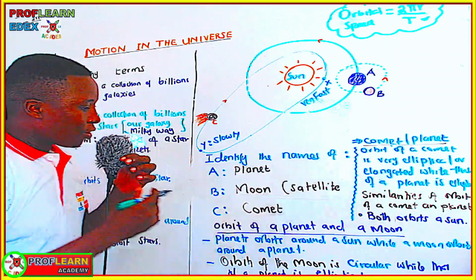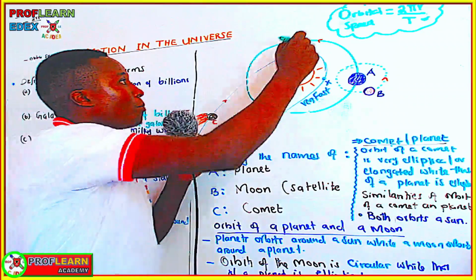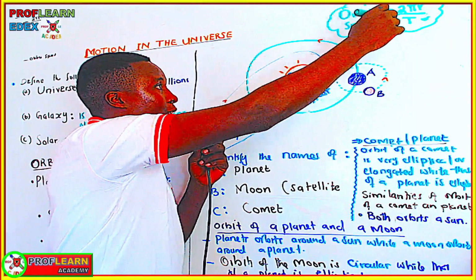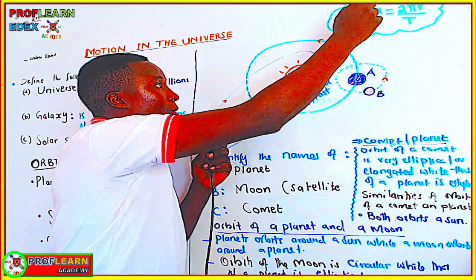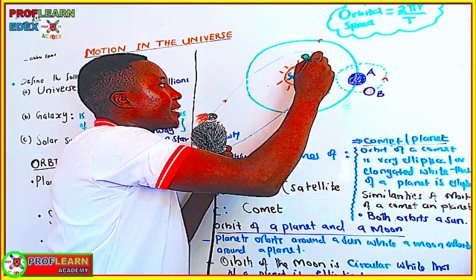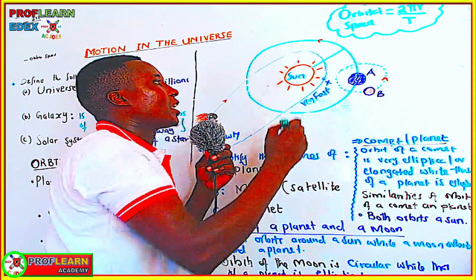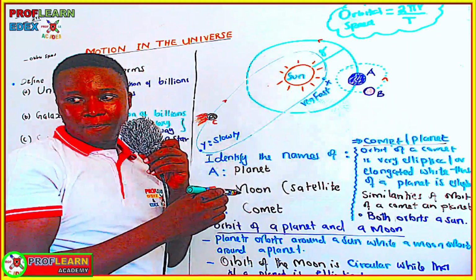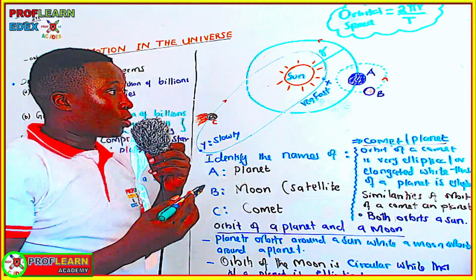Next, understand the formula used to work out orbital speed, which is 2 pi r over T, where r is the radius of that particular orbit.